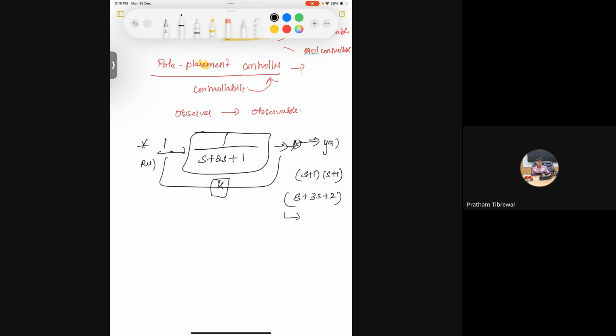So this is my closed loop poles. These are my open loop poles.